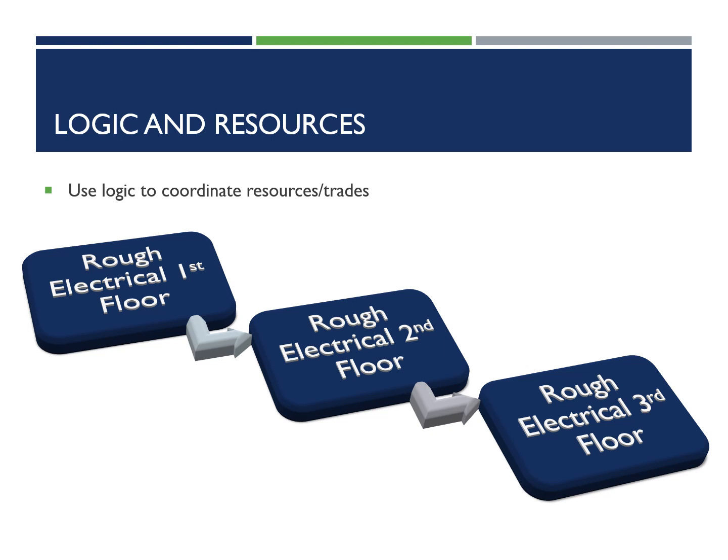So we're going to rough in the electrical on the first floor, and then we're going to rough in the electrical on the second floor, and then we're going to rough the electrical in on the third floor. That's pretty straightforward. In this particular case, you're working with one crew, and that one crew is going from one floor to the next after they completed the floor before.